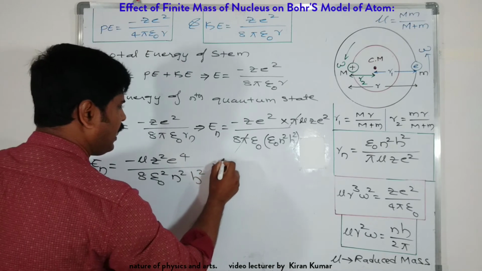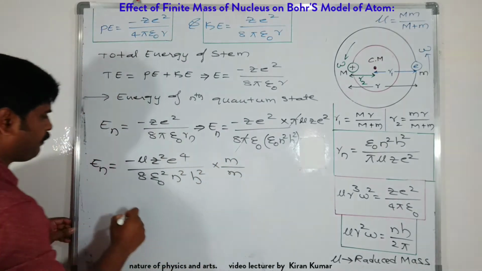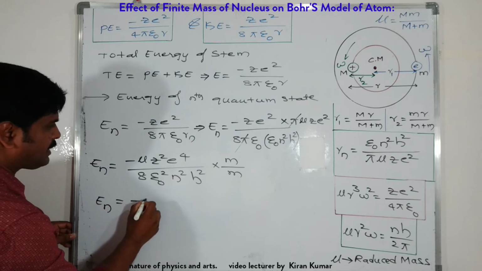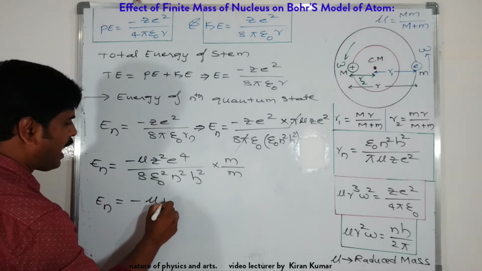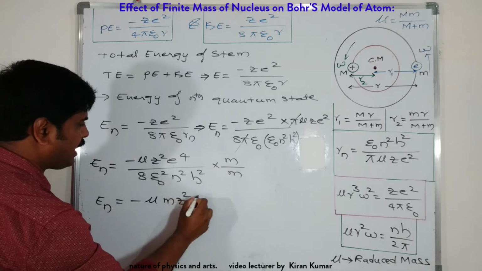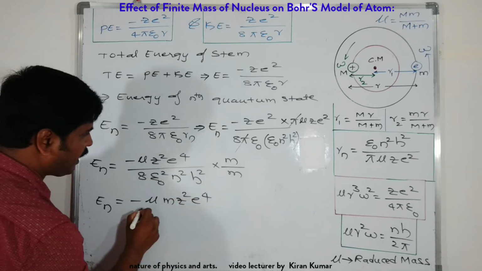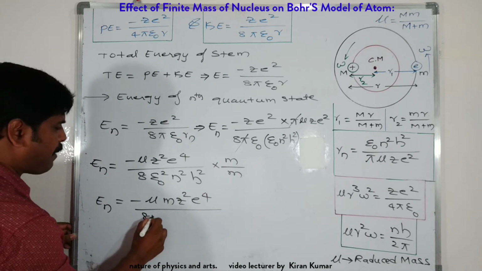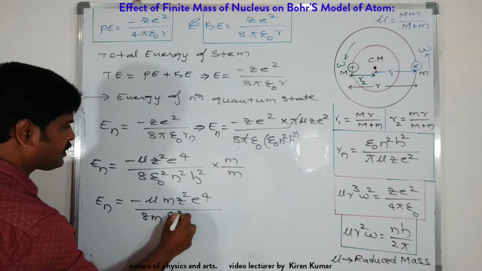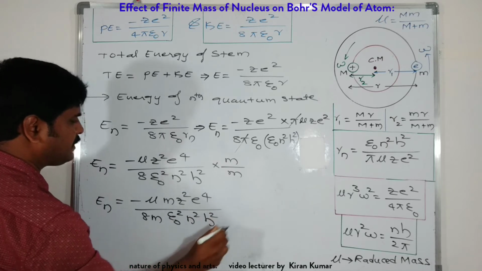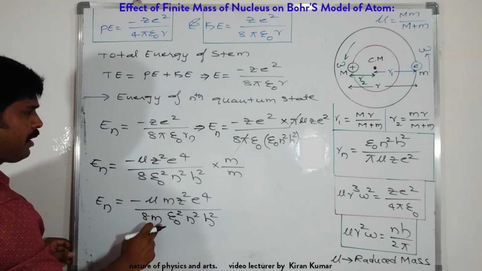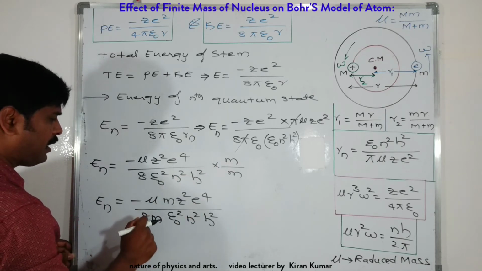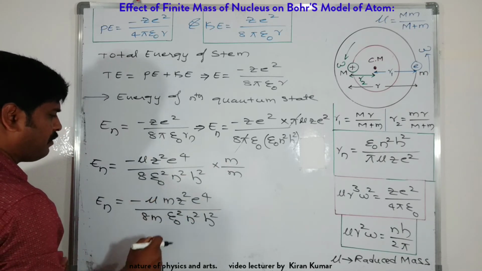So En is equal to minus mu into m Z square e to the power of 4 divided by 8 m epsilon naught square n square h square. Here mu is as it is, m is there. Then the resultant equation we will discuss.